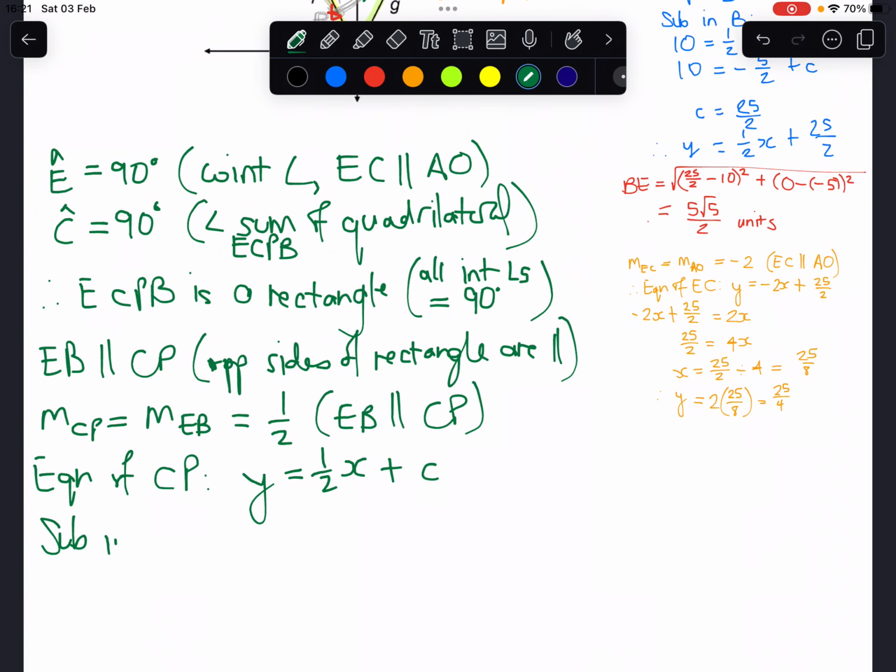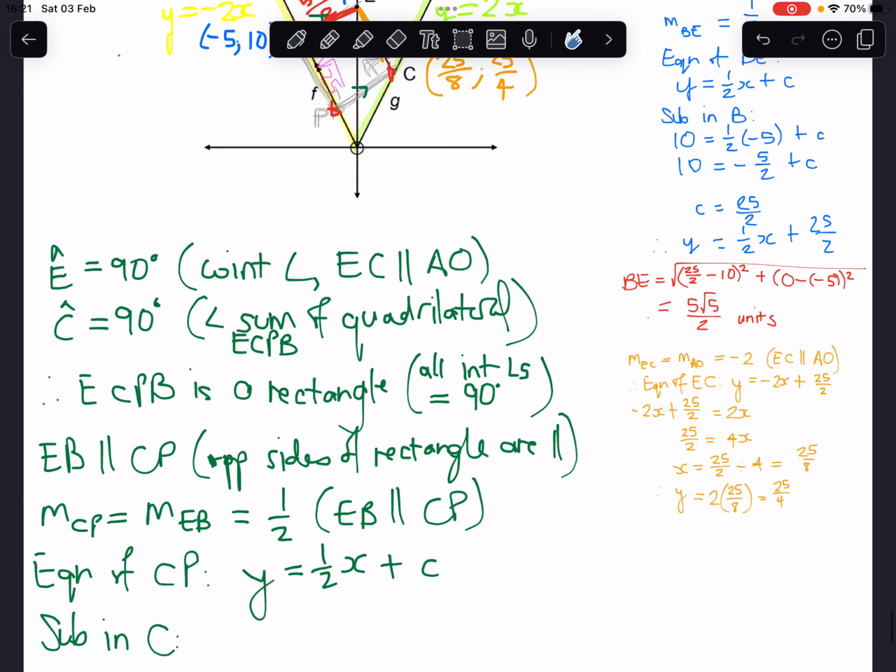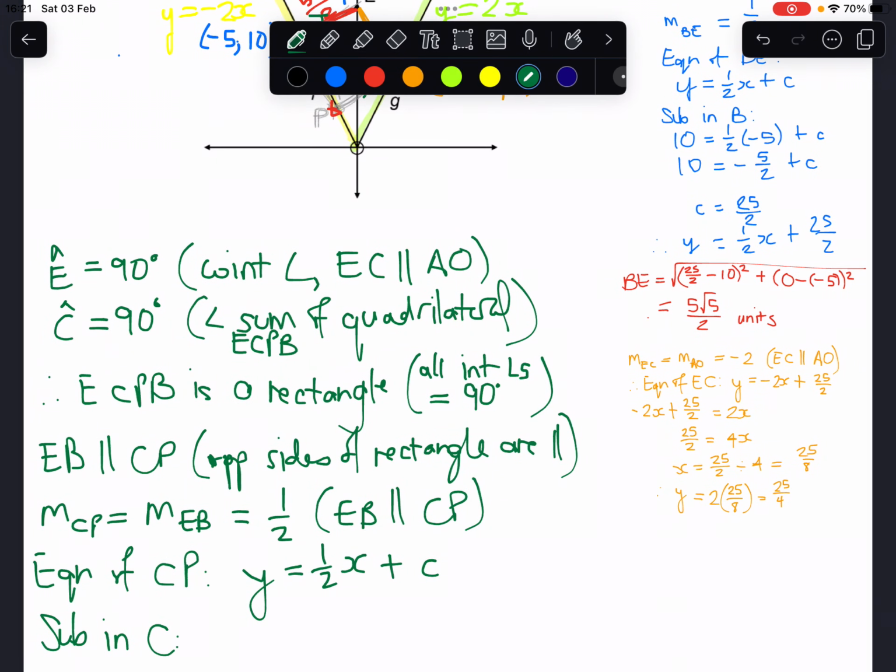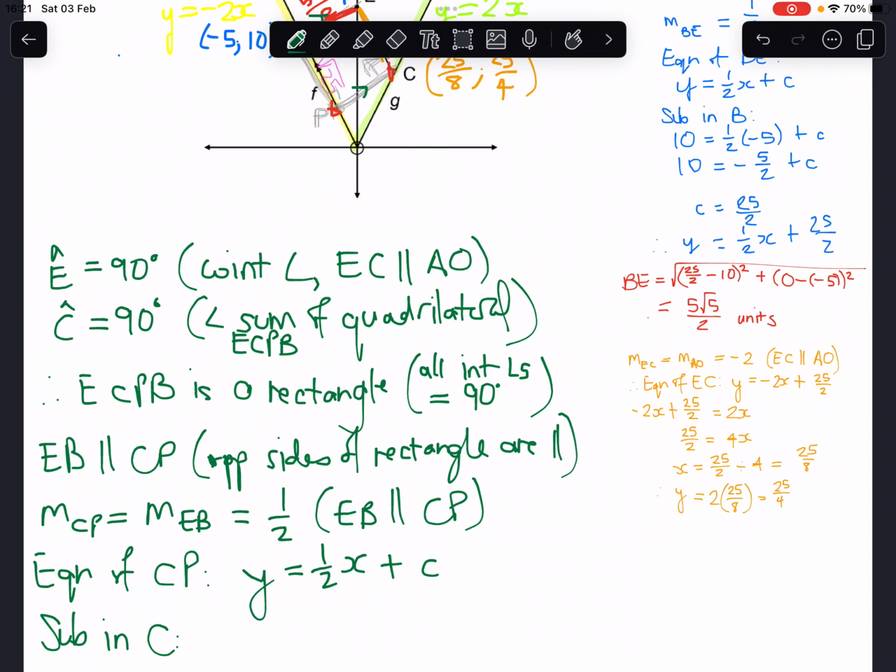So sub in C, okay, and the coordinates of C are, as the y, we've got 25 over 4, and as the x, we've got 25 over 8.